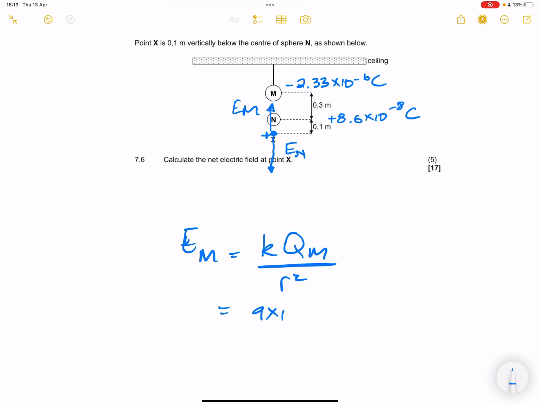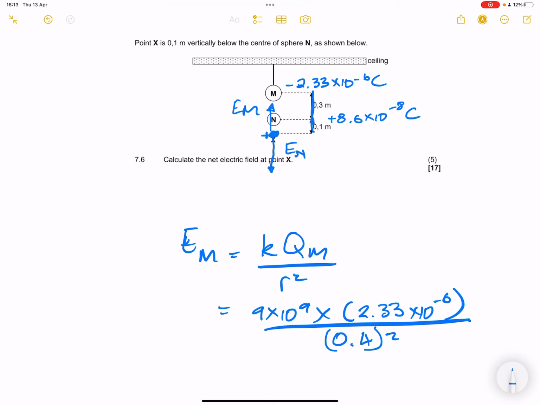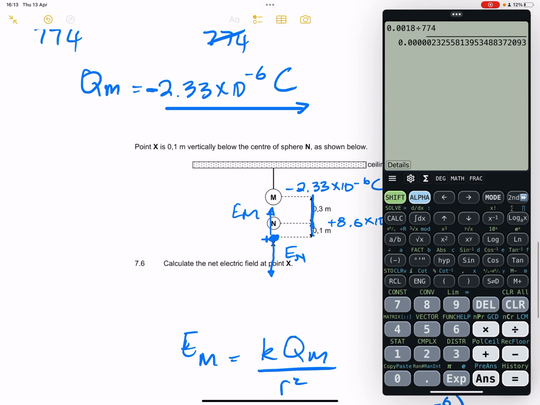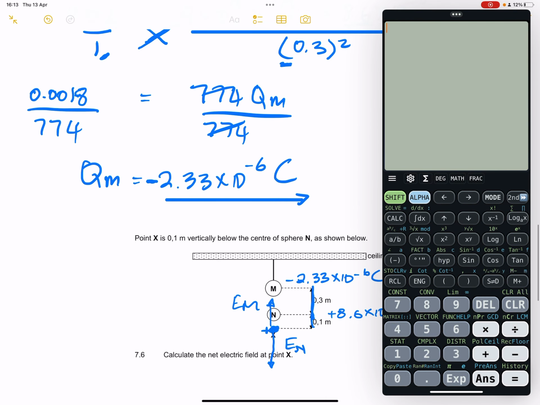So that's going to be 9 times 10 to the exponent 9 multiplied by the charge of M, that's 2.33 times 10 negative 6, divided by, now what's the distance between that point and M? That would be 0.4, isn't it? It's that entire distance there, so that would be 0.4 squared. Okay, so let's try and find that.